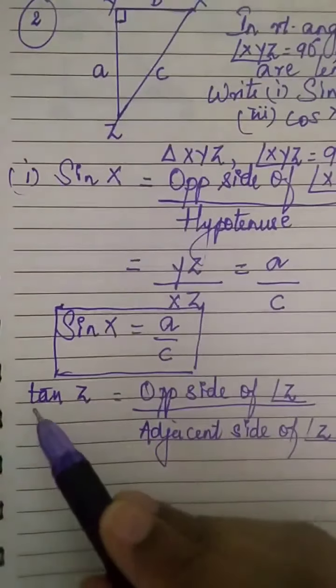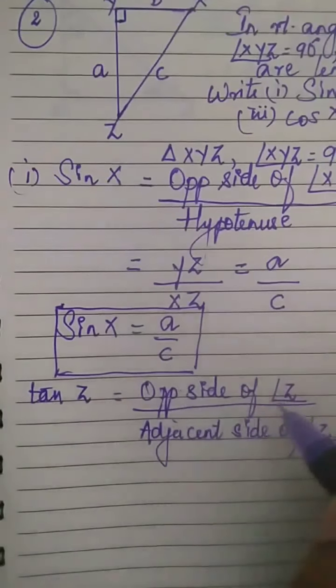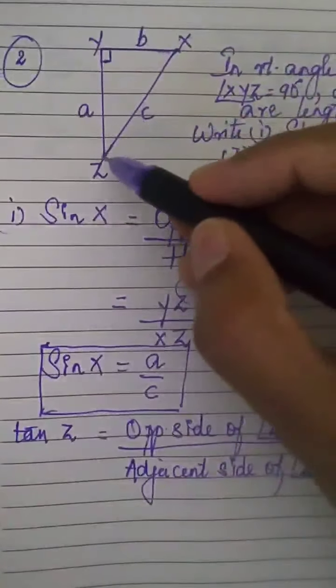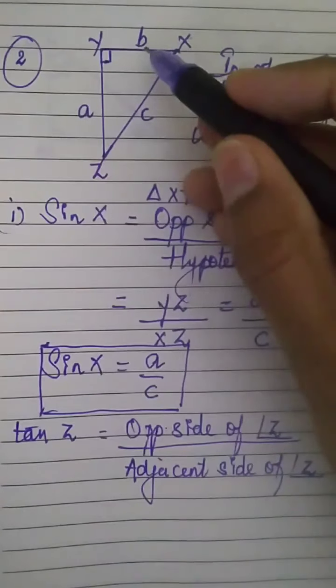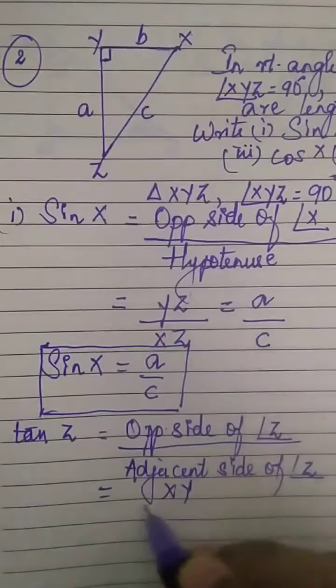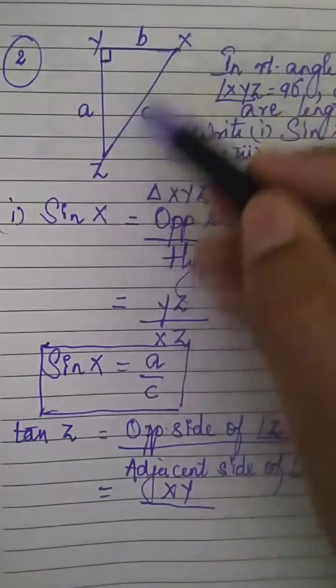Okay, so did you write the formula? Tan Z is equal to opposite side of angle Z upon adjacent side of angle Z. Now where is angle Z? Angle Z is here. Angle Z's opposite side is XY, upon angle Z's adjacent side. Hypotenuse we are not going to take.